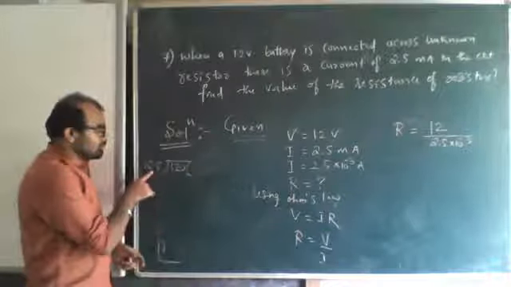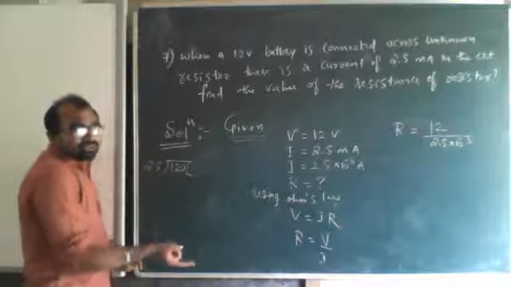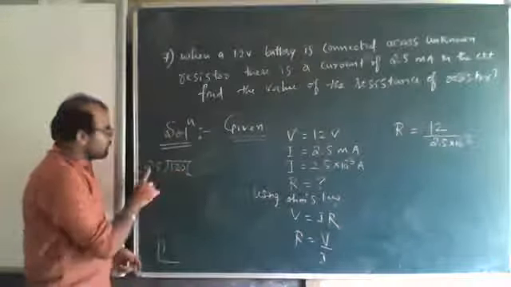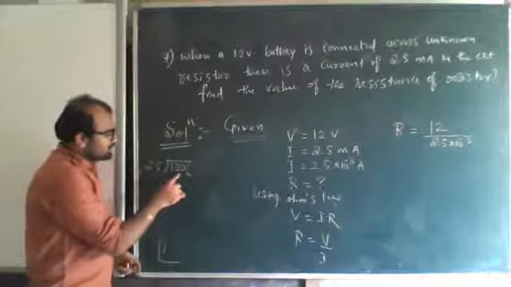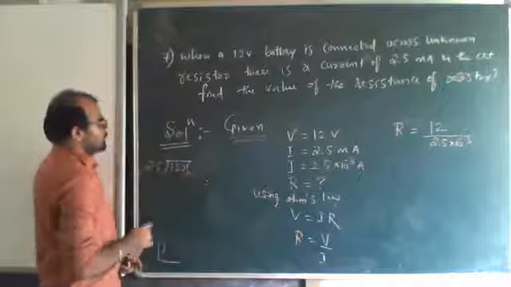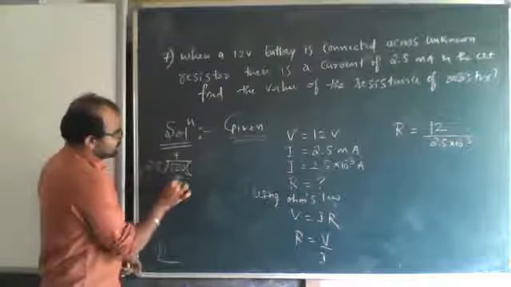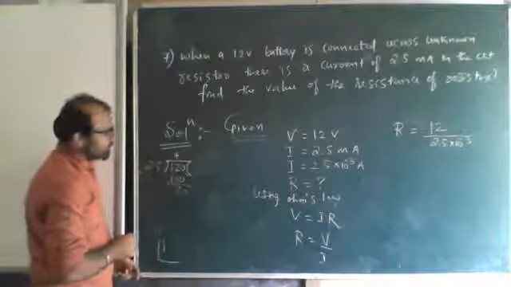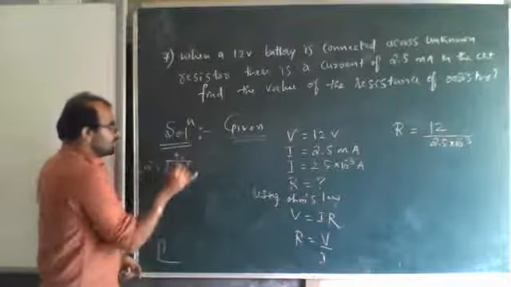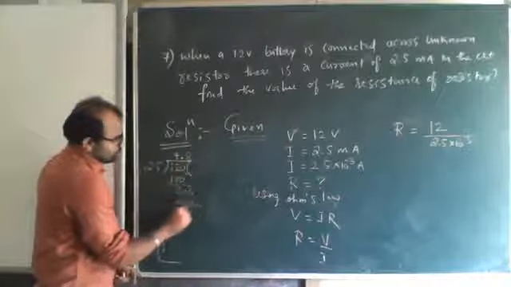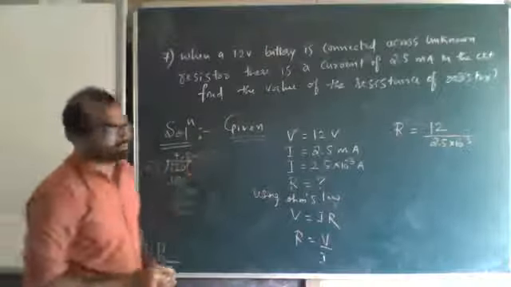Removing this point means multiplying with 10, and I have to multiply the other with 10 also. 2.5 became 25, 12 became 120. Now we'll do the problem. 25 4s are 100, 120 minus 100, 20 is remaining. We put a point and a 0, 25 8s are 200. So 4.8 is my answer.